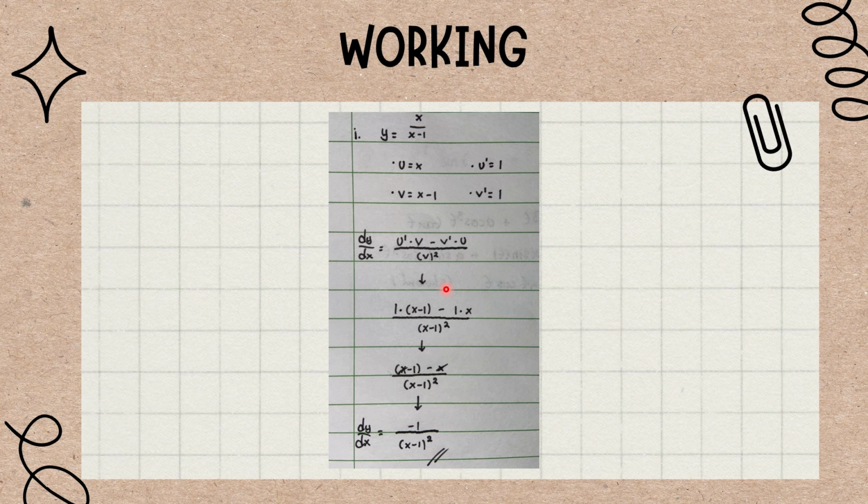Then after inputting all the things found, we get ((x minus 1) minus x) over (x minus 1) to the power of 2. Then we can simplify it again to become dy over dx equals minus 1 over (x minus 1) to the power of 2.